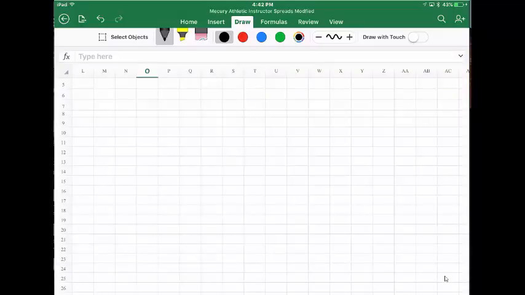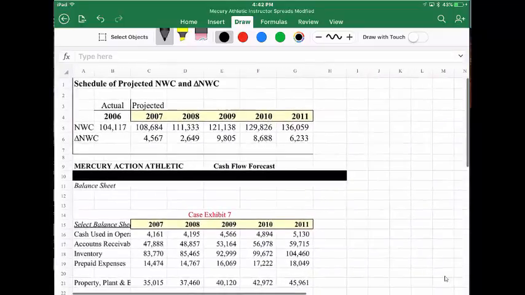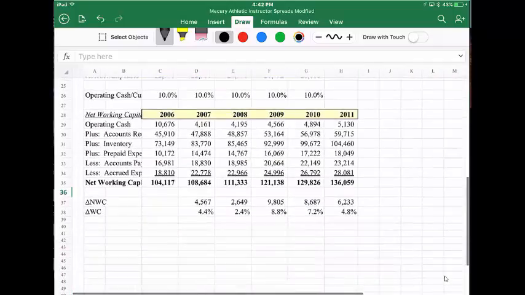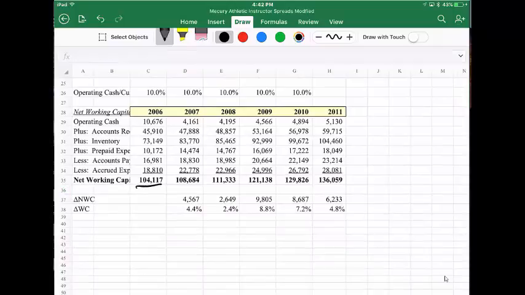In the Mercury case, they've given us a head start on this by showing us select balance sheet accounts and then actually calculating the net working capital. This is not the number that you want to use in your free cash flow. What you want to use is the change from one year to the next. So for 2007, in calculating free cash flow, we'd use 4,567.